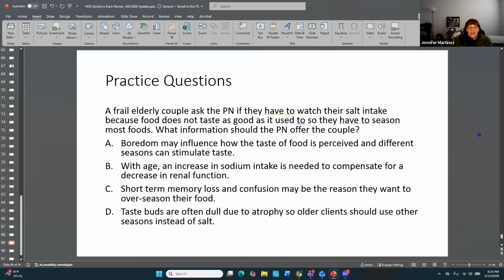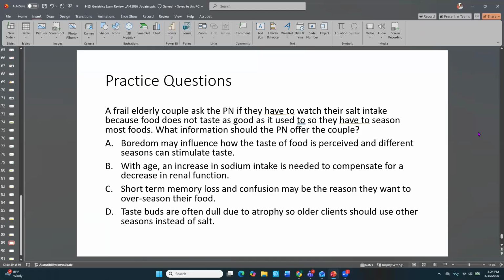B, with age, an increase in sodium intake is needed to compensate for a decrease in renal function. C, short-term memory loss and confusion may be the reason they want to over-season their food. Or D, taste buds are often dull due to atrophy, so older clients should use other seasonings instead of salt.